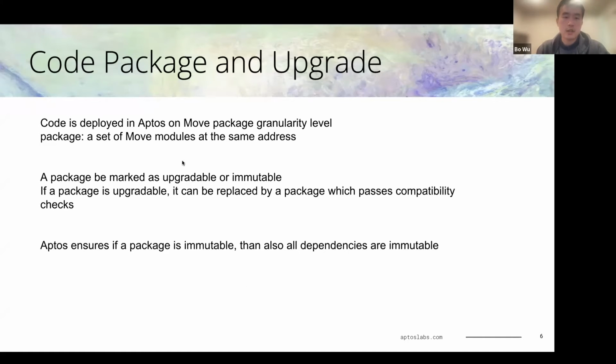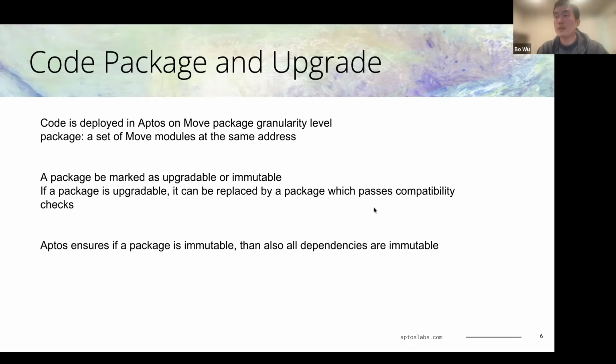All Move modules under the same package will be published at the same address. A package can also be marked as upgradable or immutable. If a package is upgradable, it can be replaced by a package which passes the compatibility check.